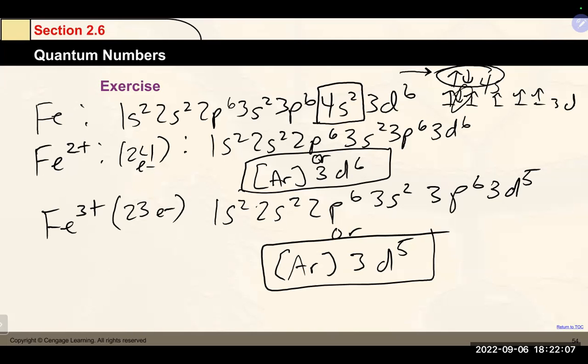Because if you think about it logically, they would have to lose in most cases a lot of electrons to get back to a noble gas. If you look at something like zinc, which is at the end of that row, with 3d10, you would have to shed 12 electrons to get back there. You don't usually see a zinc with a +12 charge, so they really don't end up back at a noble gas.